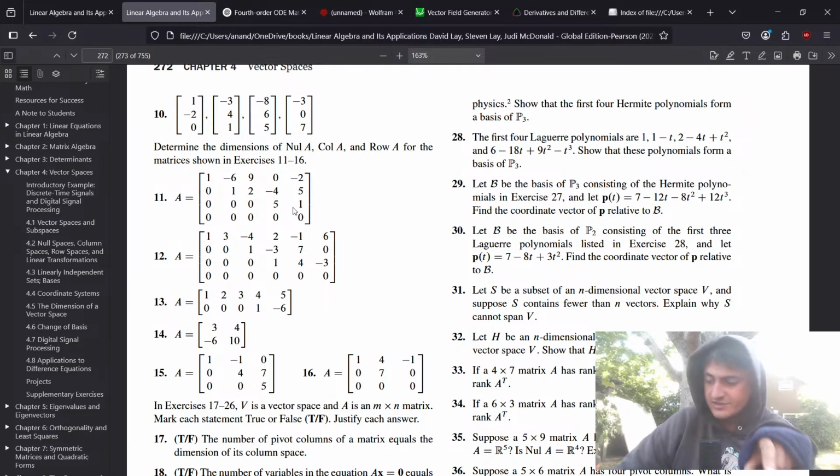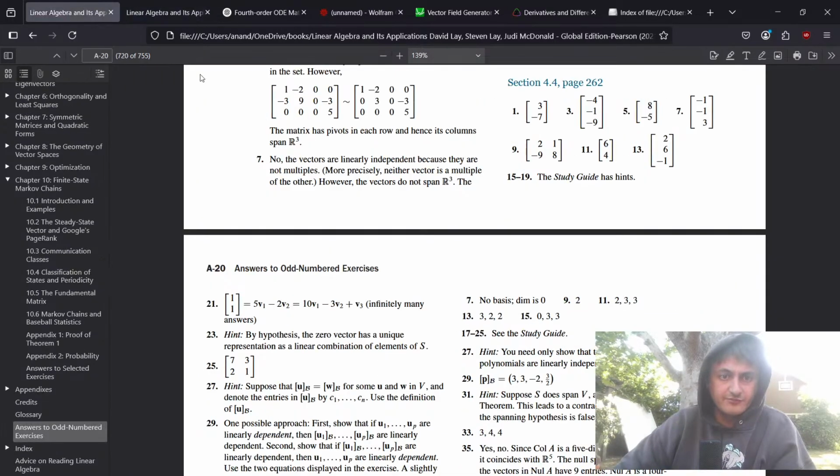And the number of columns is 5. And so by the rank theorem, null of A, or the nullity, is equal to 2. The row is also going to be 3.